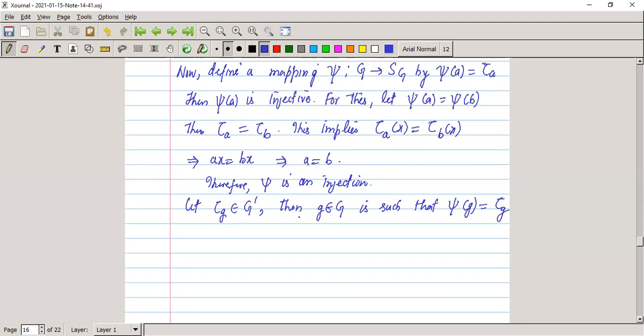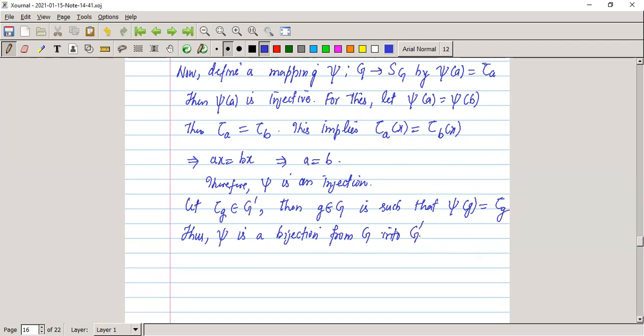So this means that for every element tau_g in G dash, there is g in G such that psi of g is equal to tau_g. So thus psi is a bijection from G into G dash.